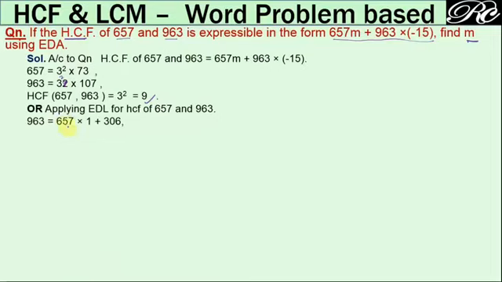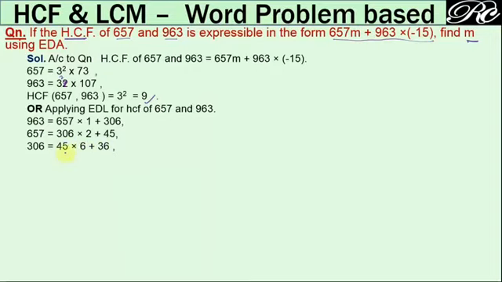963 is 657 into 1 plus 306. Now 306 is acting as the divisor and 657 as the dividend. Therefore 657 is equal to 306 into 2 plus 45. Now 45 is the divisor and 306 the dividend. Therefore 306 is equal to 45 into 6 plus 36.